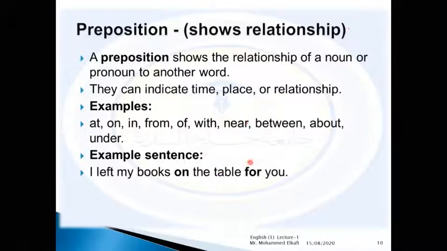Why for you? We think of the connection or relationship between my books and you. You use for. Connection between books and table, you use on the table. The books on the table and the books for you.